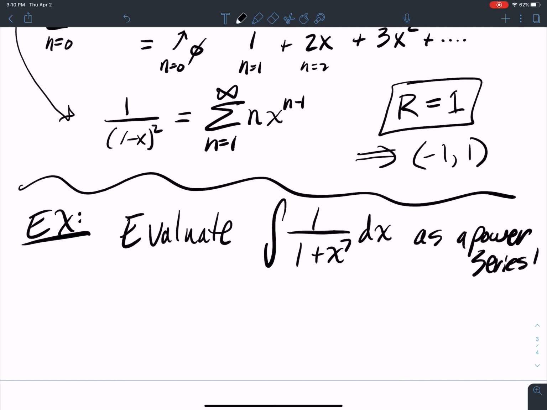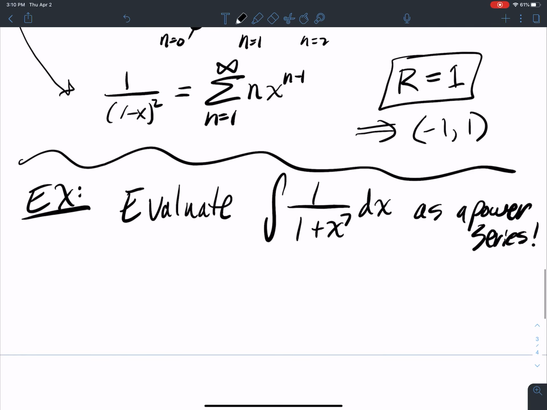Now, if you try to do this integral at home, oh my goodness, good luck. We've got a lot of tools in our tool belt, but none of our tools can help us with this until now. The only way we can integrate this bad boy is by taking advantage of power series.